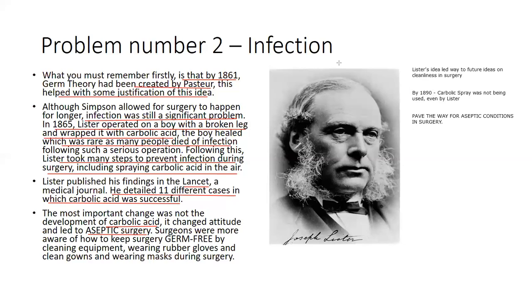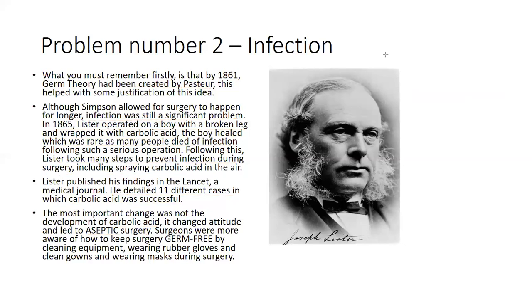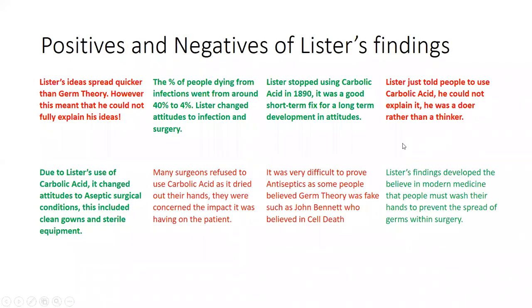So, like Simpson, how did Lister cause change in treatment of disease? Now, the green statements here are positive and the red are negative. So I'm just going to go through the positive ones first. The percentage of people dying from infection went from around 40% to 4%. Now, was this because of carbolic acid?